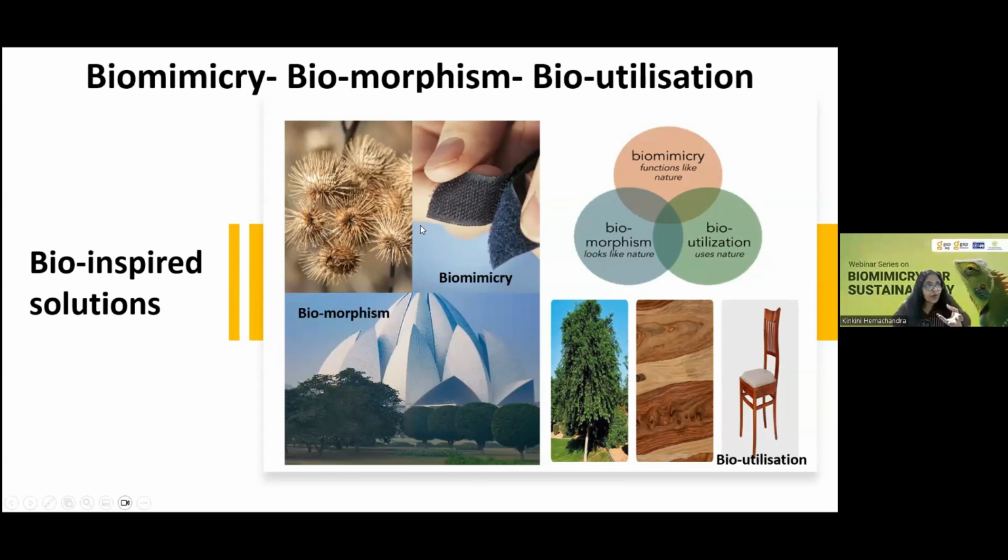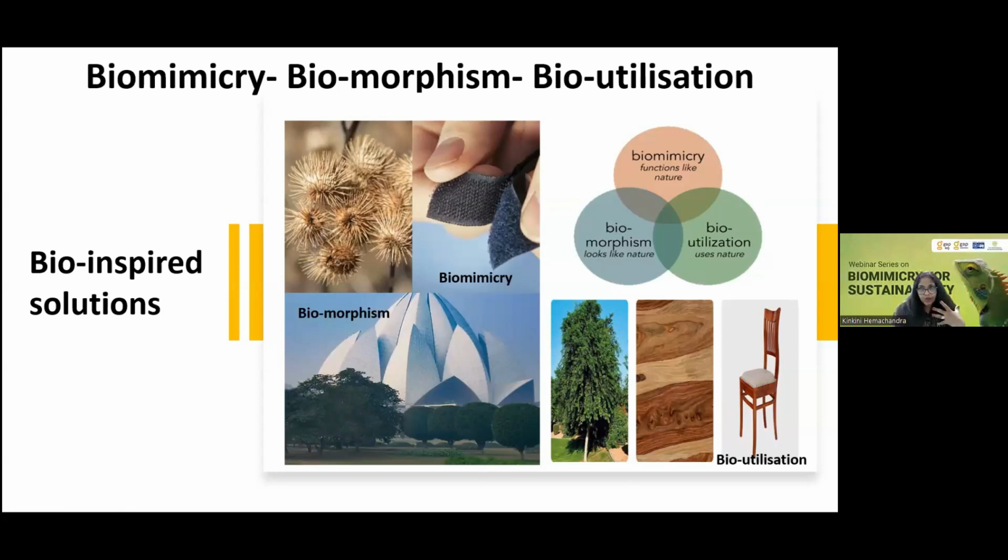That type of knowledge is labeled biomimicry, because we take the technology, look at nature, and try to bring its functions into our modern day life. The second concept is biomorphism, where the term is applied to a building that looks like a lotus. That means trying to build something exactly similar to nature.